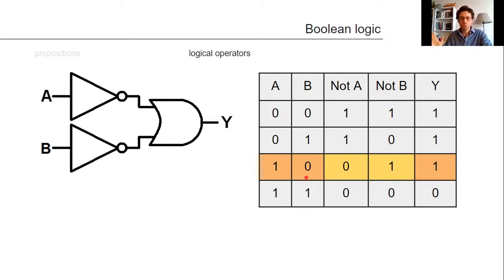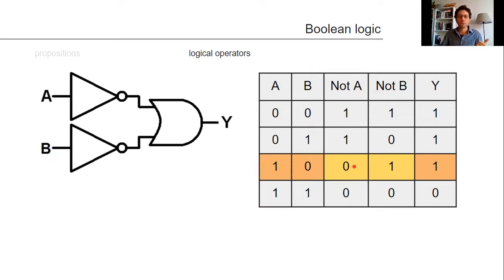We are not given anything else. And we are asked the truth value, the Boolean value of Y. We are given A, we are given B, and we are given the circuit. In such a case, we can just use the 3 truth tables in our previous slides to come up with this result.